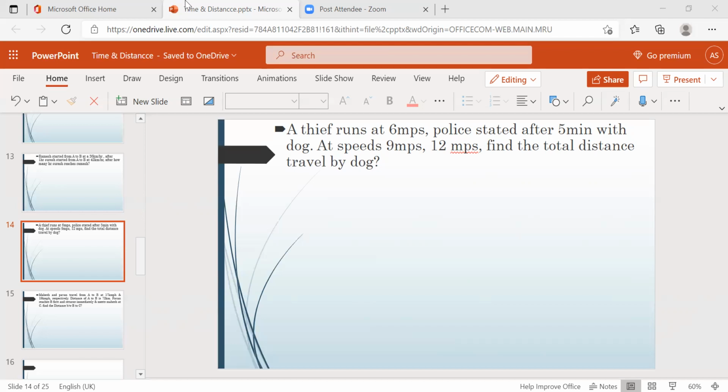That distance we have to cover. That's it. The distance we have to cover, right? Okay, hope you understand, everyone. So we'll move to the next question.